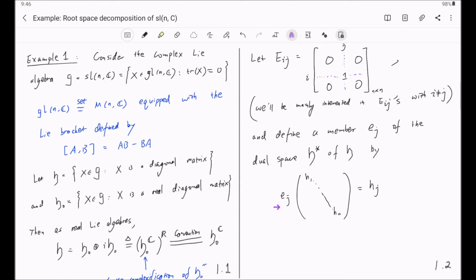It should not be hard for us to see that this is a linear functional on h.